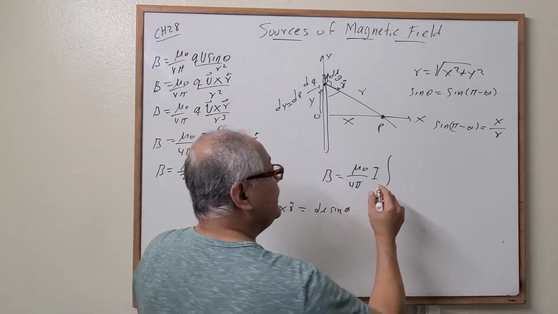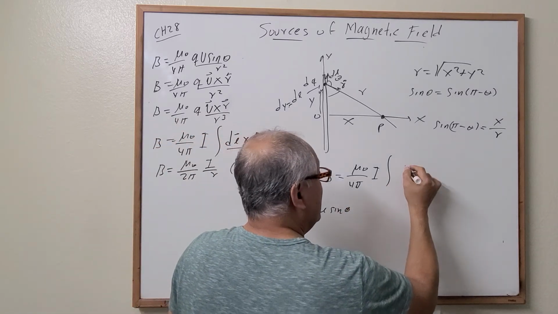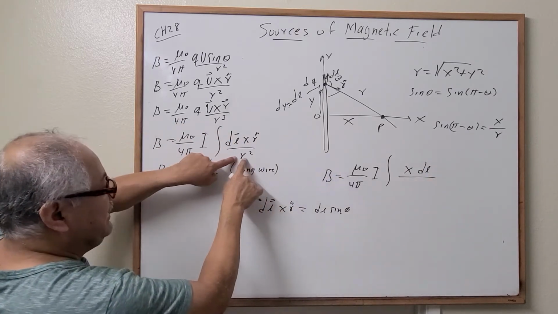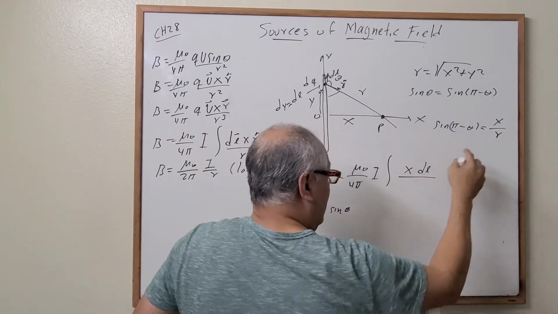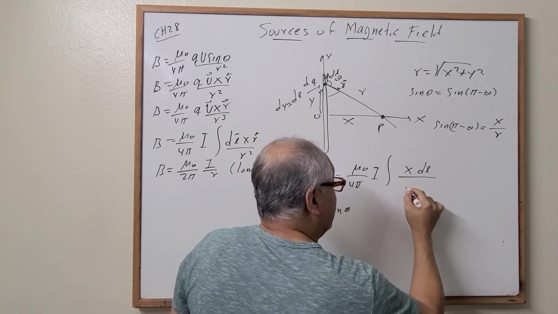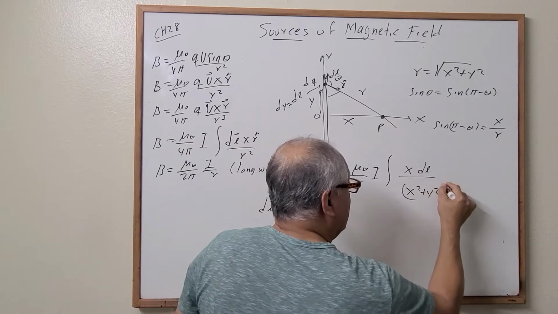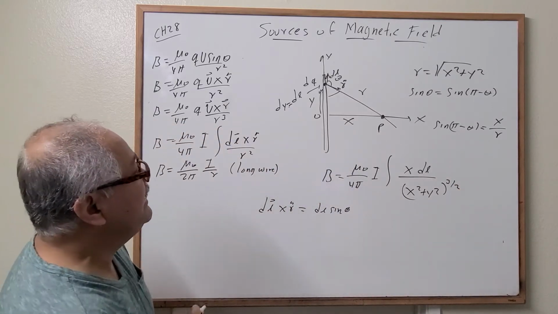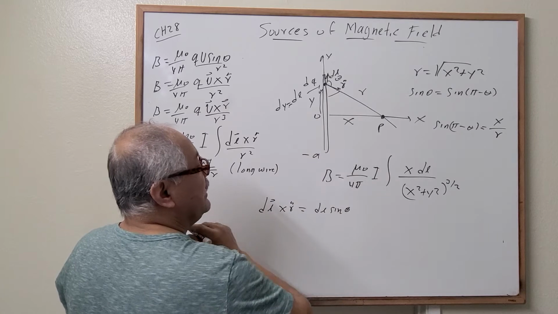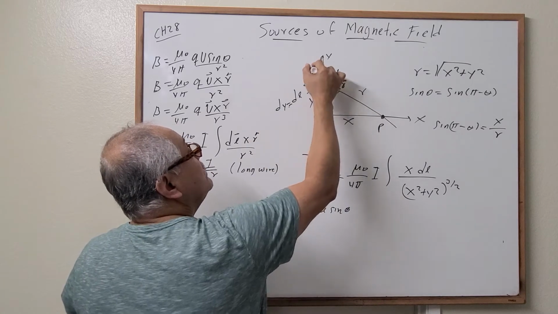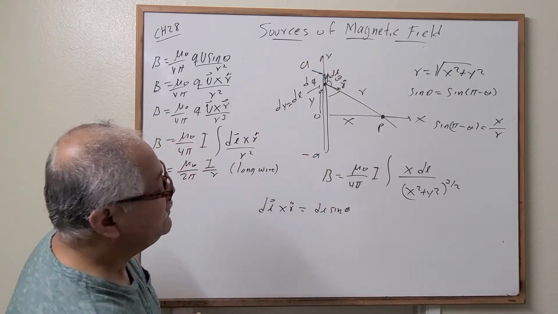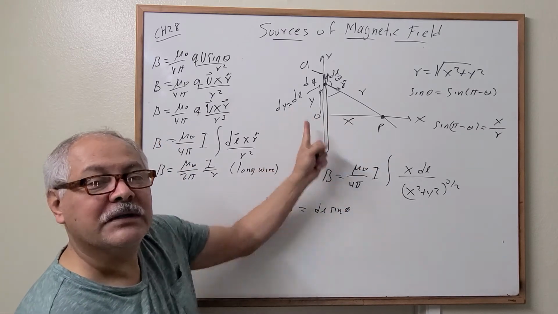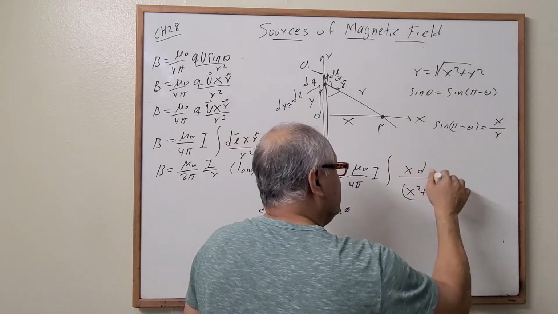So it's going to be x dl over r. Also right here we have another r, so it's going to be x squared plus y squared to the 3/2. Imagine that the limits are from negative a to a. But we found that dl is just dy, in the direction of y, so we can change this to dy.